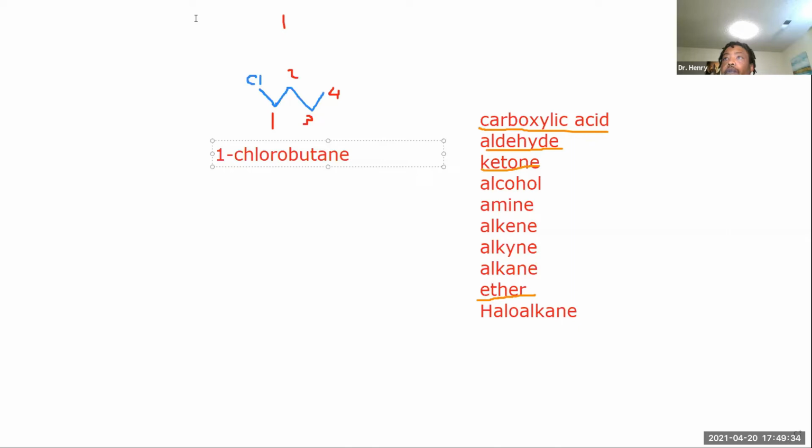So the first one we're going to start off with is, let's do esters. I mean, not esters, ethers. Okay, so ethers, there's two ways of naming ether. One way is more commonly used, one way is less used. The prefix for your ether is going to be oxy.